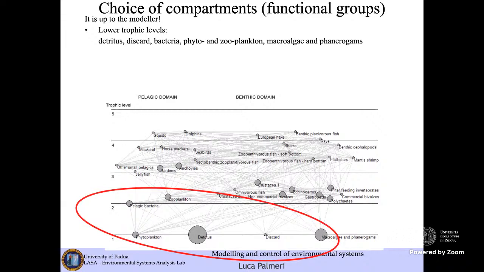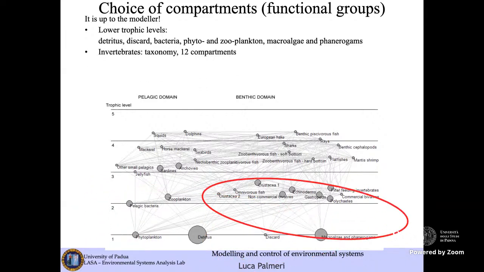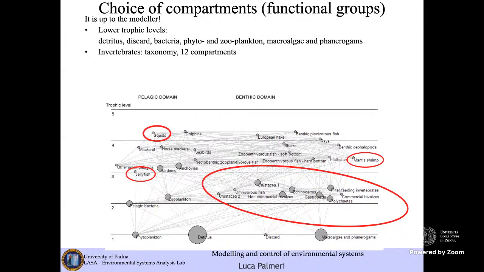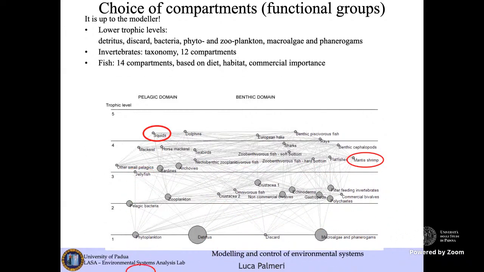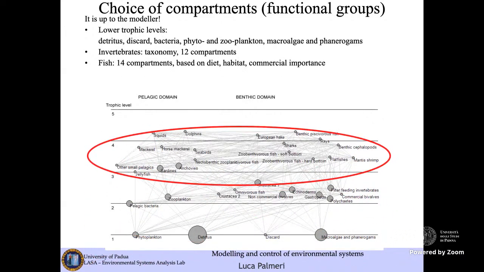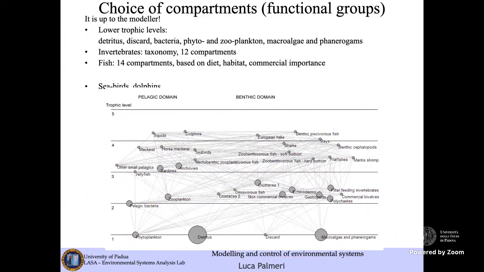These are the trophic levels pertaining to what we have called trophic level 1. And then we move to higher trophic levels, in particular invertebrates, for example, taxonomy into 12 compartments, or we go to fish that are higher trophic levels, and then we go to seabirds or dolphins that are the topmost trophic level elements.